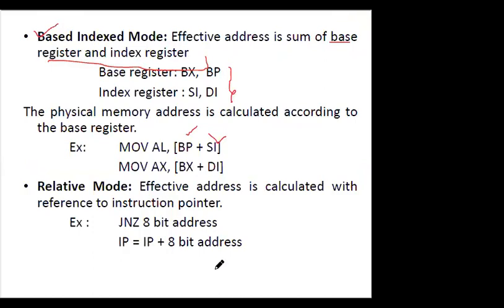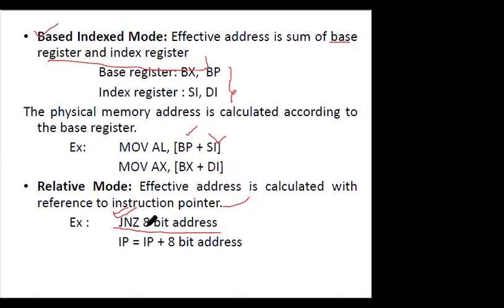There is one more mode of addressing, which is known as relative mode of addressing. Here the effective address is calculated with reference to the instruction pointer. Suppose we are executing a sequence with the instruction jump if not 0.